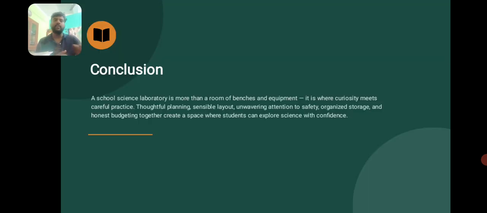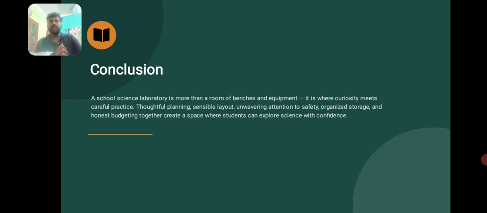So, in conclusion, we can say that a science lab is much more than just a room filled with tables and glass tubes. It is a special place where curiosity meets safety and careful practice, which encourages learning.